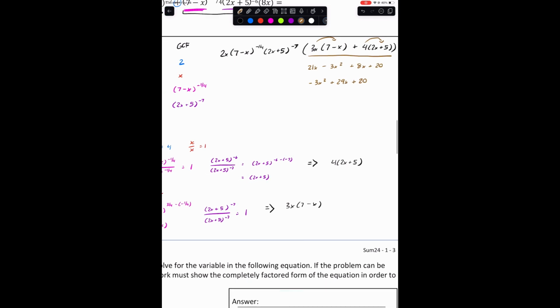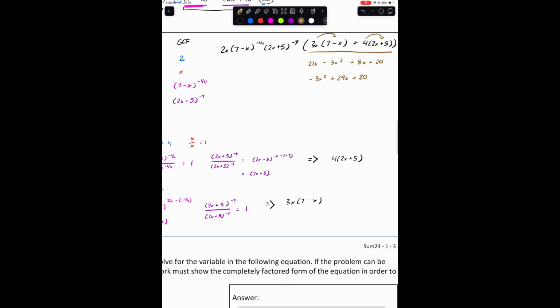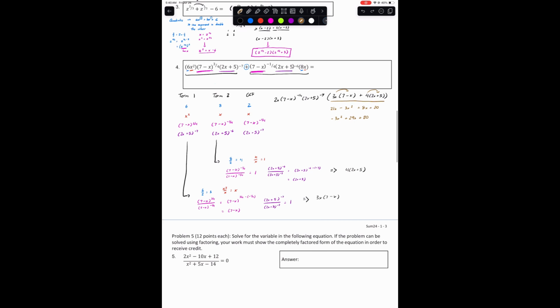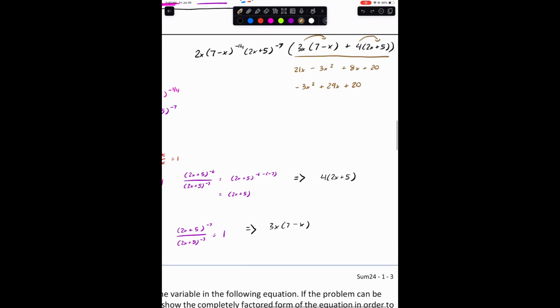Perfect. So with this, we can now try to factor this out, because we have to fully factor this. So I need to see if I can even factor this. Let's just try the butterfly method.